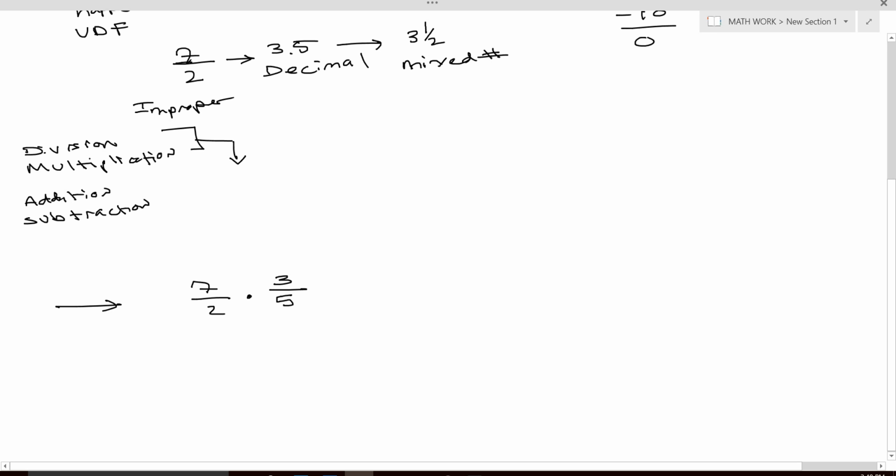Okay, 3/5, right? 2 fractions, and you can identify one as an improper fraction right here, and this will be a proper fraction. Why? Because again, the denominator is greater than the numerator, right? So we have 2 fractions and we're multiplying them. What do we do?